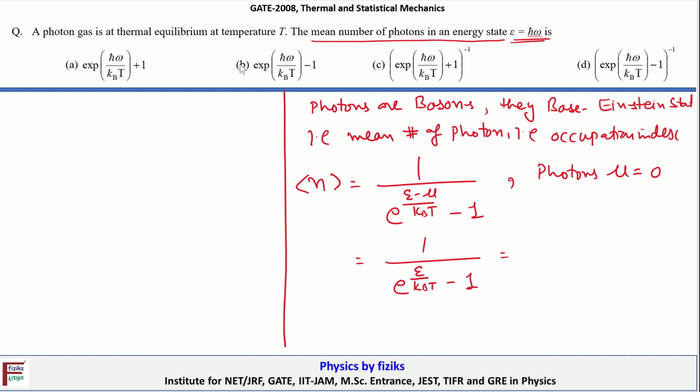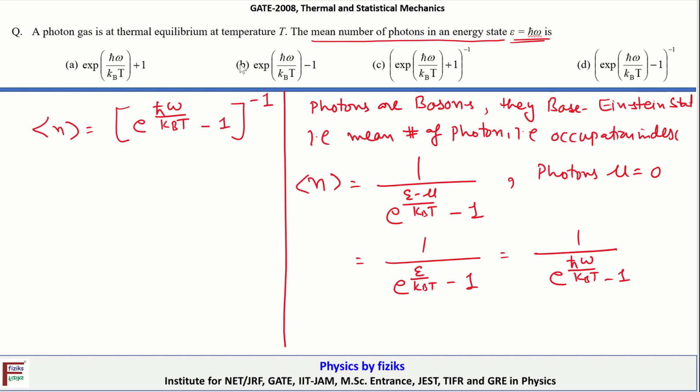Because it's given that E is equal to h-bar omega, that is 1 upon exponential h-bar omega upon k_B T minus 1, and in other words this can be rewritten as exponential of h-bar omega upon k_B T minus 1, to the power minus 1. So D is the correct option here.